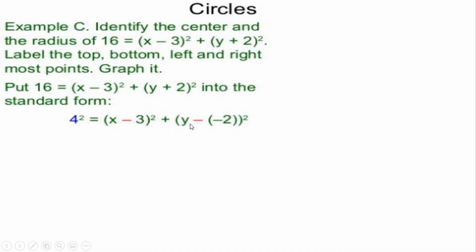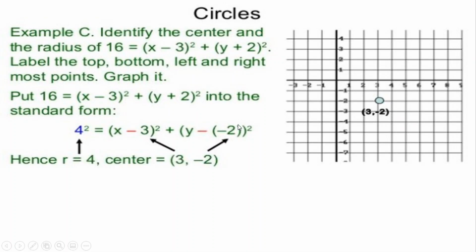So, y minus -2 squared. Given this equation, we can now have our radius which is 4, and the center which is at 3, -2.